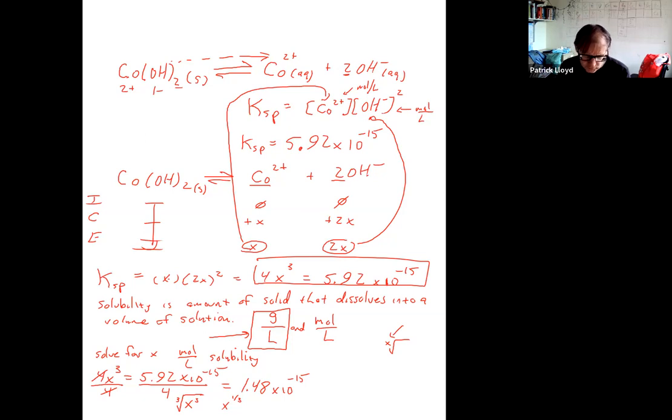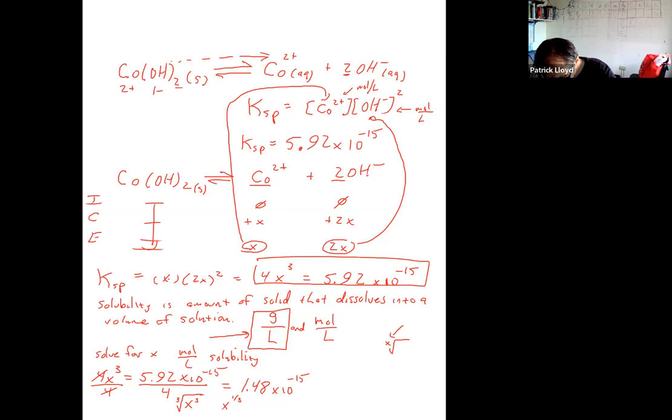3 root 1.48 times 10 to the minus 15. Oops, I got a little syntax error. Let me try it again. There we go.